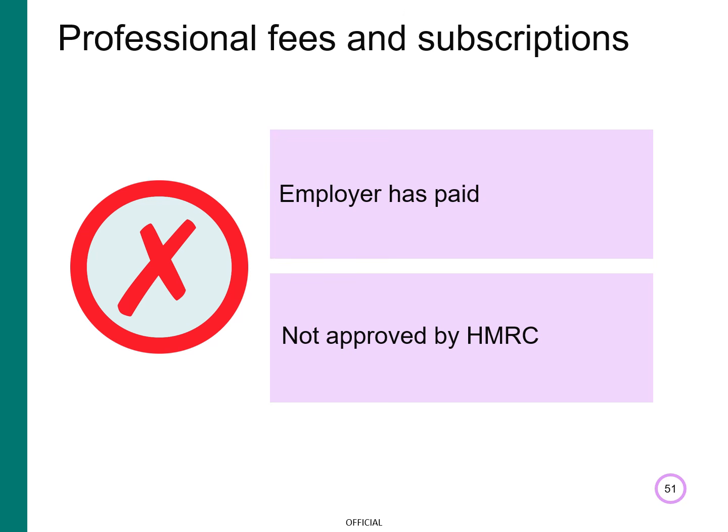You cannot claim tax relief on life membership subscriptions or for professional membership fees and subscriptions you've not paid yourself. For example, if your employer has paid them, or payments to organisations that are not approved by HMRC.